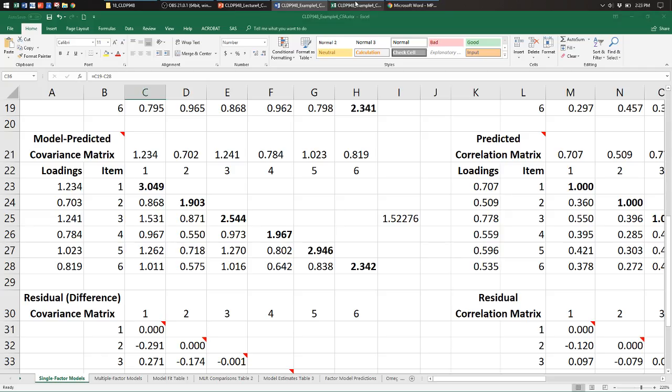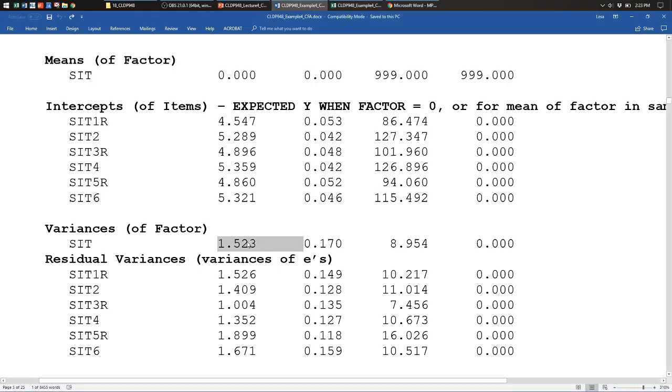We saw that number just a minute ago. That's what, from the previous model, the unstandardized loading squared gave us. It's the part of the variance of item 1 that's due to the factor. It becomes the factor's variance when you fix its loading to 1.